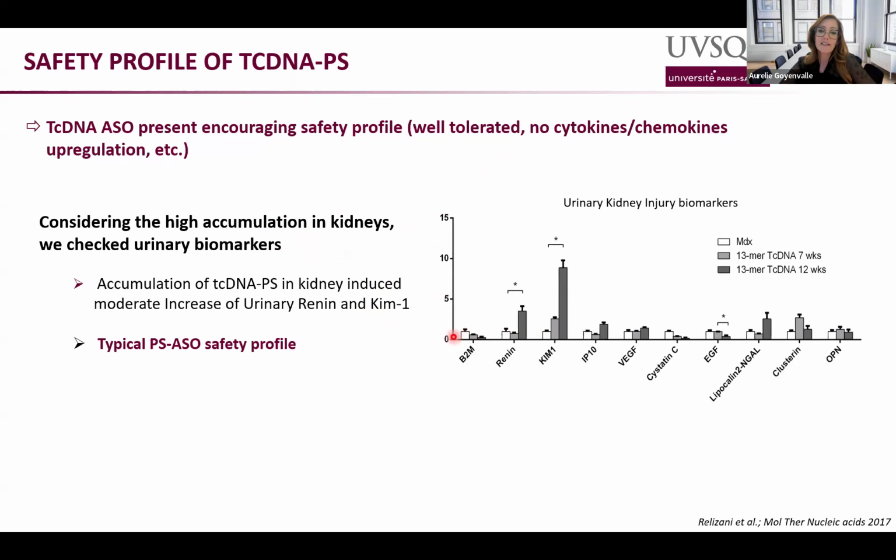And you can see here that after 12 weeks of treatment, in the dark gray bar, we could detect a moderate increase in renin and KIM1 biomarkers. So this is quite typical for PS antisense oligonucleotides. However, we wondered at that time if it wouldn't be better to have an ASO that would be PS-free.